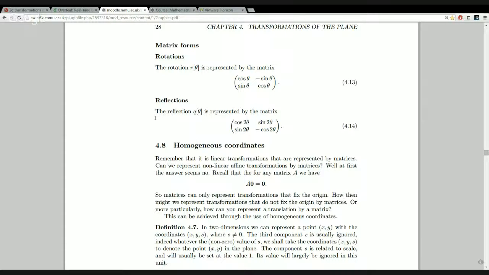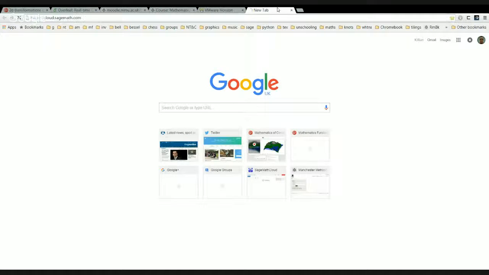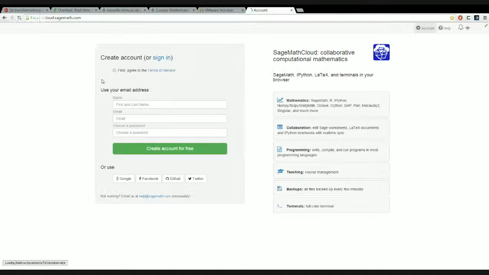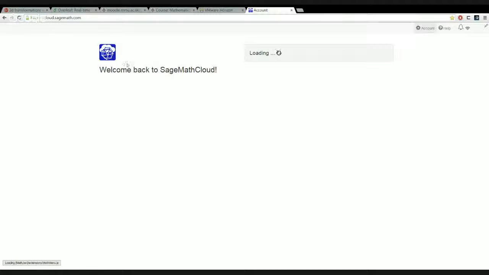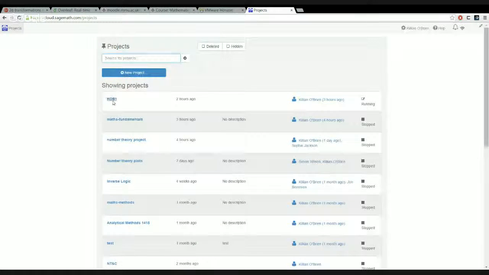Is pi over 6 a special angle? Is that a nice angle? Does your calculator tell you? You should know that off the top of your head.